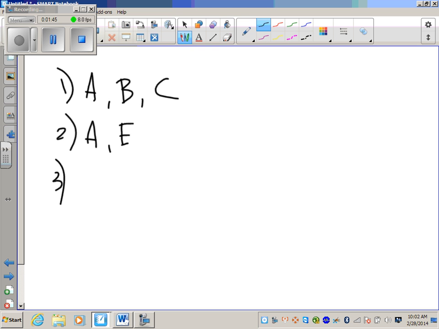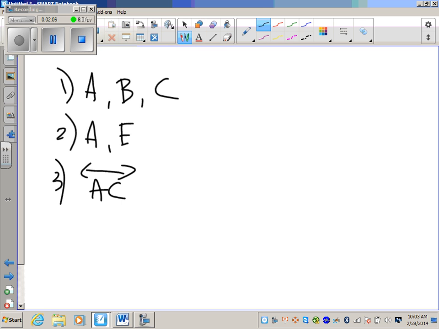Okay? So we're looking at line AC. Is there anything else you could call line AC? You could call it BC. You could call it AB, as long as you have the arrow over the top. How many letters do we use to label a line? 2 and only 2.